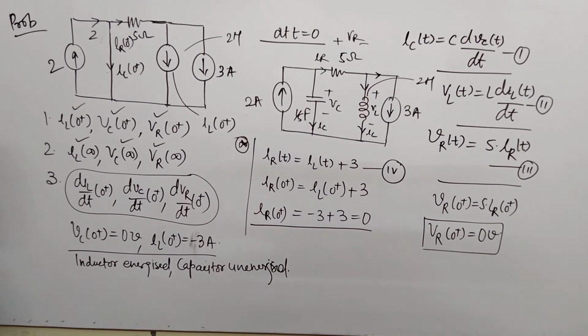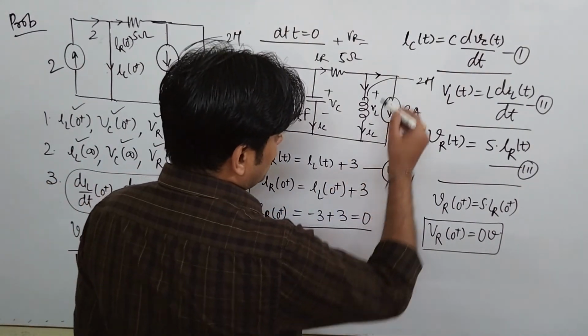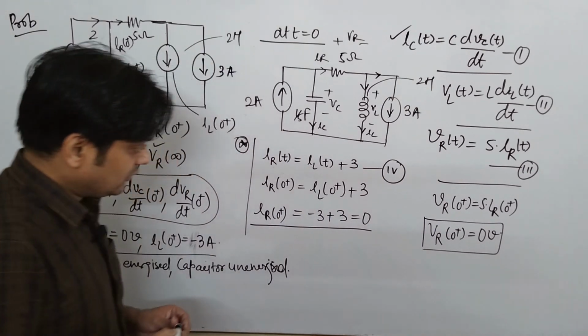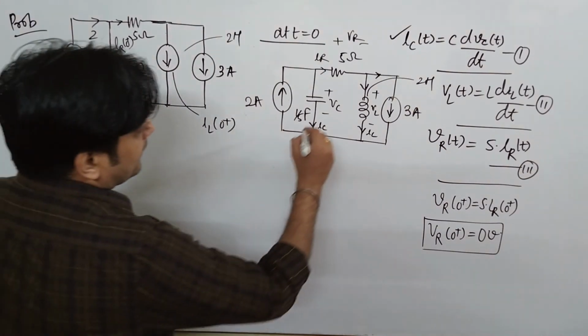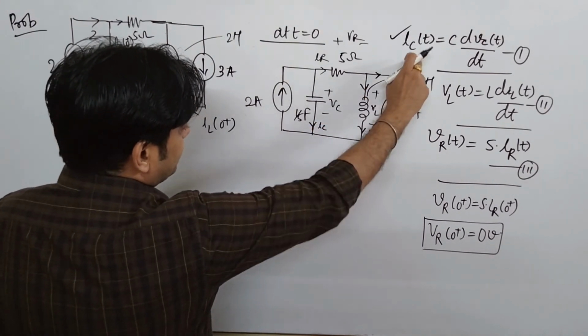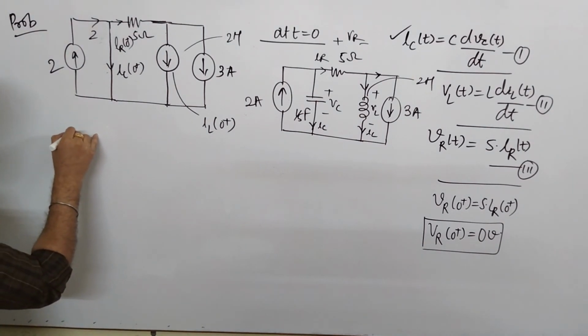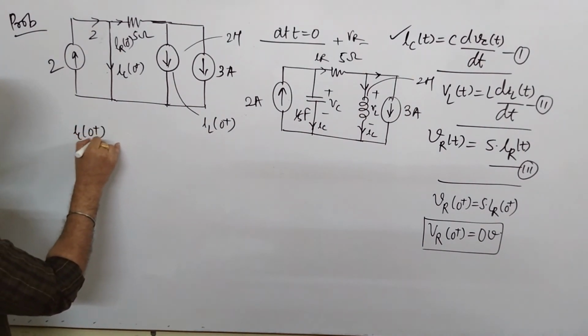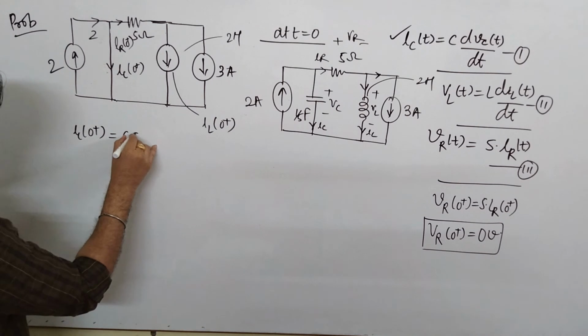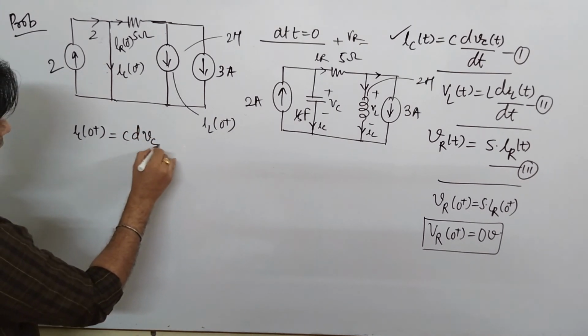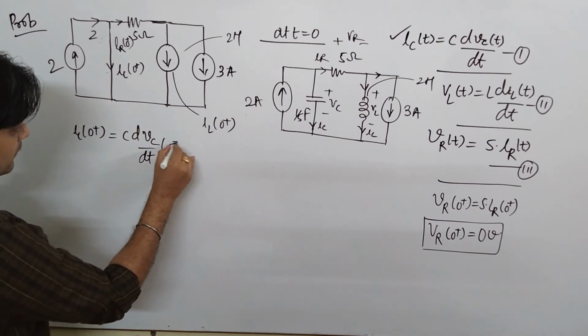Now how we find the value of these voltages, let us try to understand. First of all we will talk about IC(0+). If I put t equal to 0 positive, IC(0+) is equal to C dVc/dt(0+).